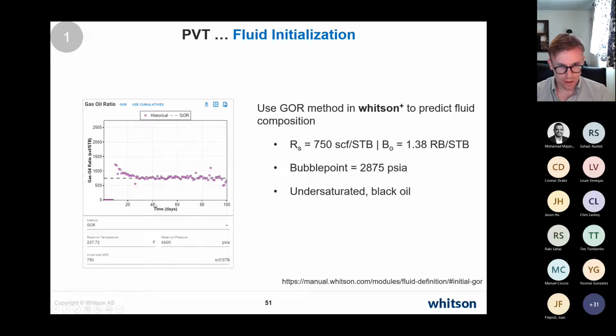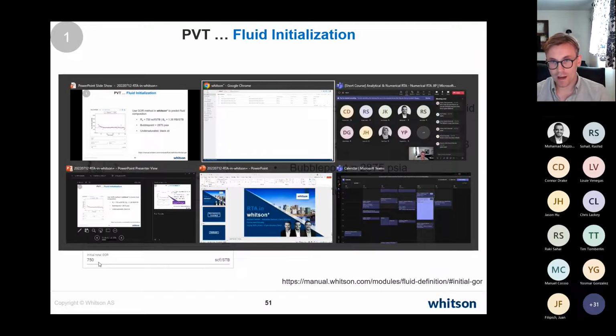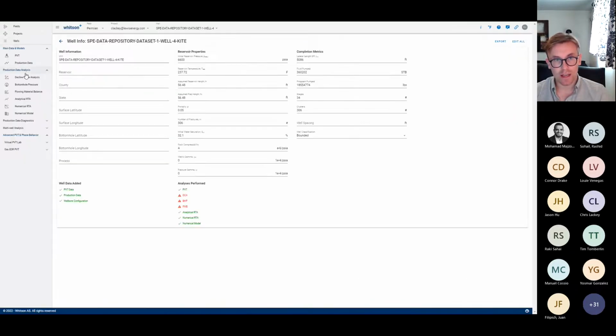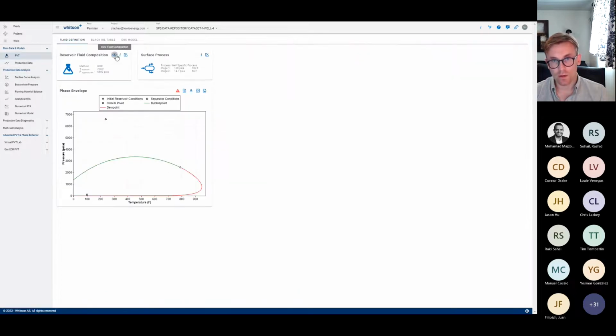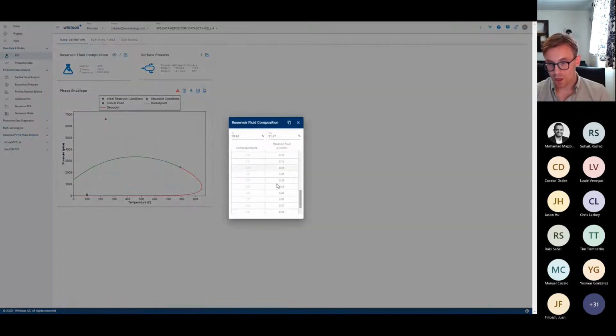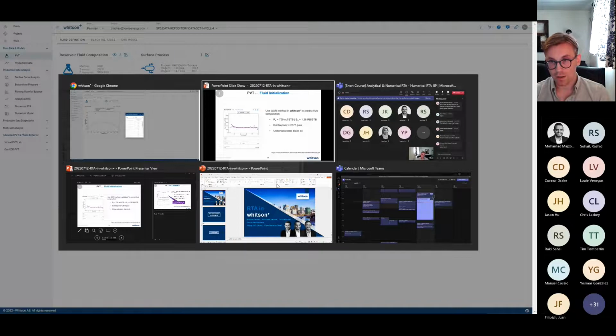But the thing in step number 1 is that we use this GOR feature, drag it up and down to make sure that we get a GOR that we're happy with. And what the software does is that it actually provides us with a prediction of the reservoir fluid, which you see here, based on the GOR that we've inputted, the surface process, and the equation of state for that particular field.